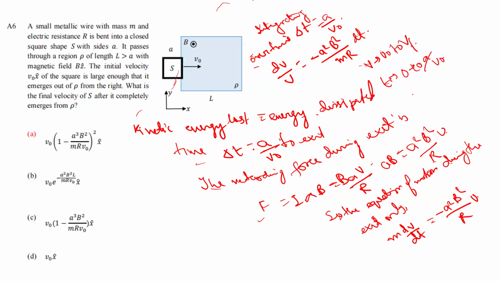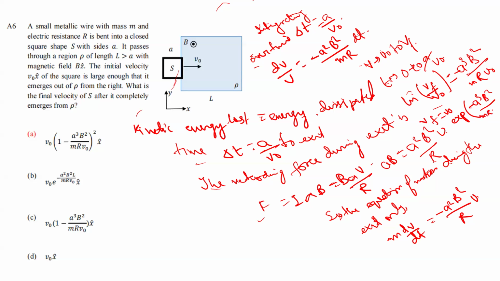So we get ln vf by v0 is equal to minus A cubed B squared over m R v0. Right, so we can write vf equal to v0 into exponential of minus A cubed B squared over m R v0. So this is the expression of vf.